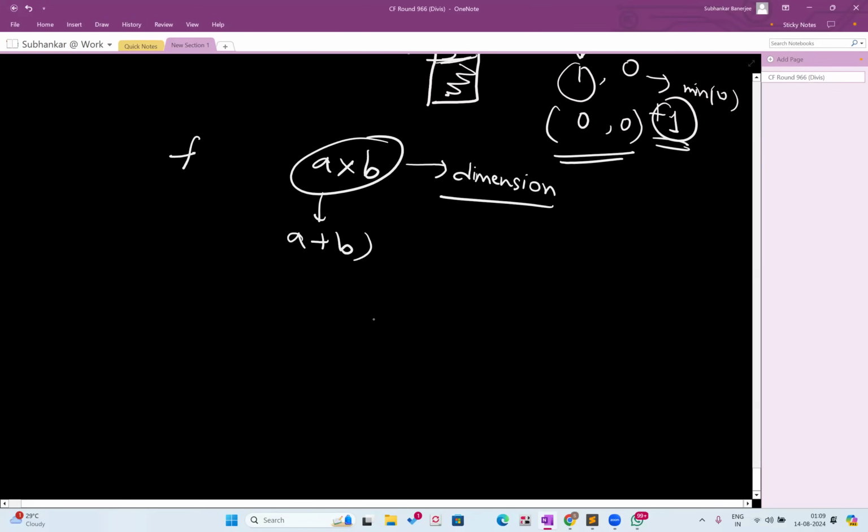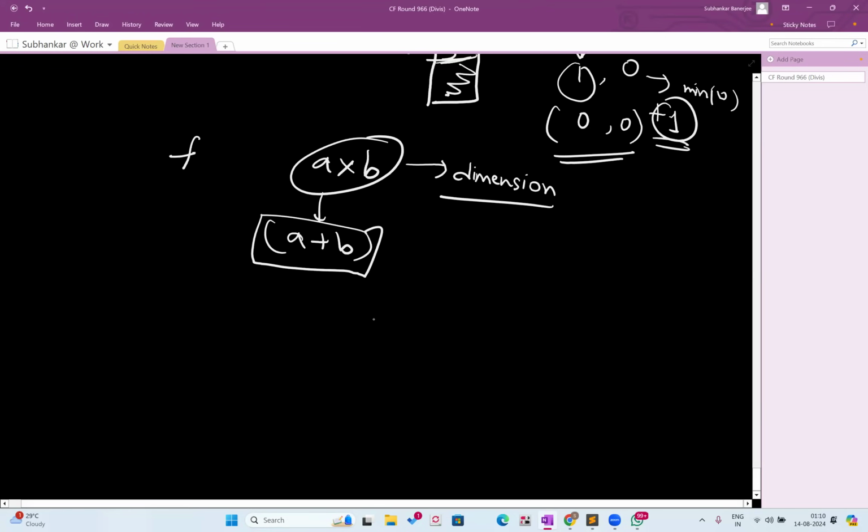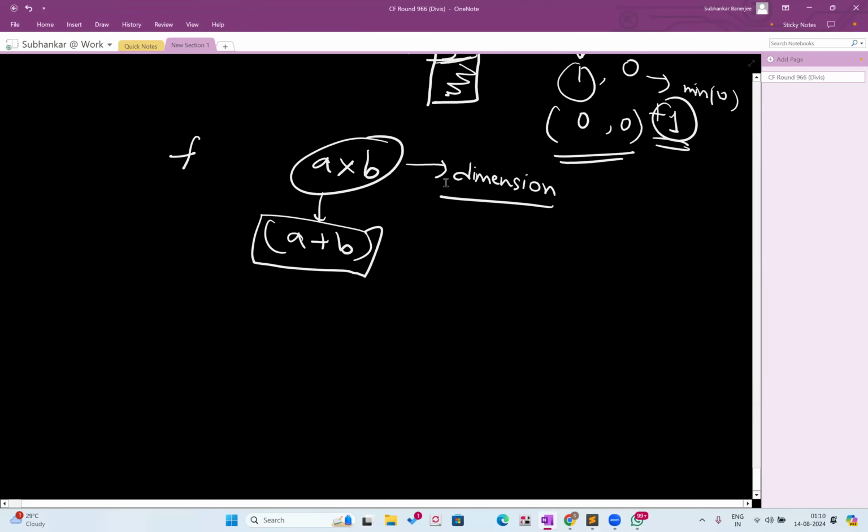A plus b, right? Because it has a rows and b columns. So a plus b, row plus column, so whenever an entire row or column gets colored we can get 1 point. So maximum a plus b points can be obtained from an a cross b dimension rectangle, right? Did you get this part?